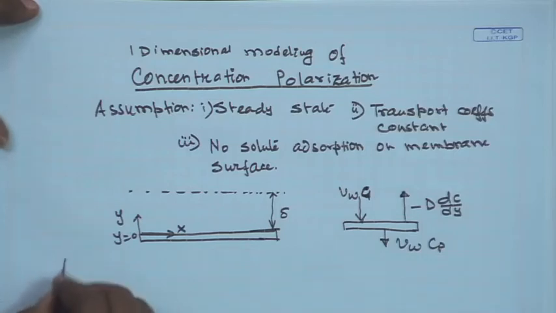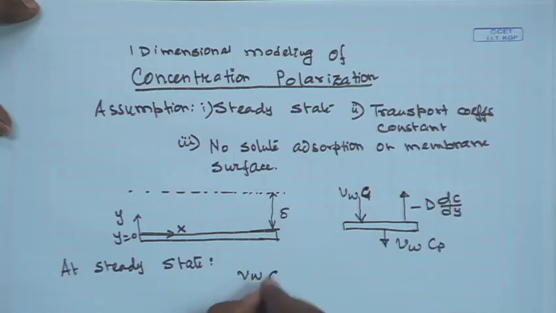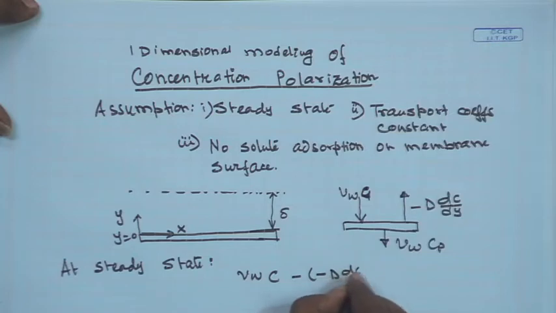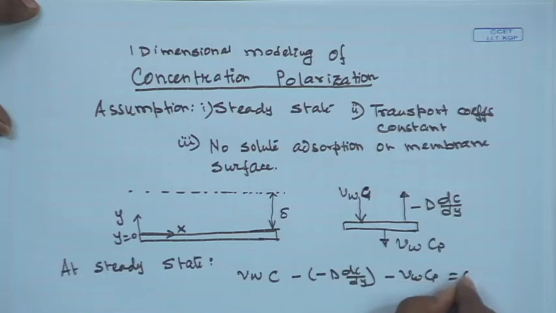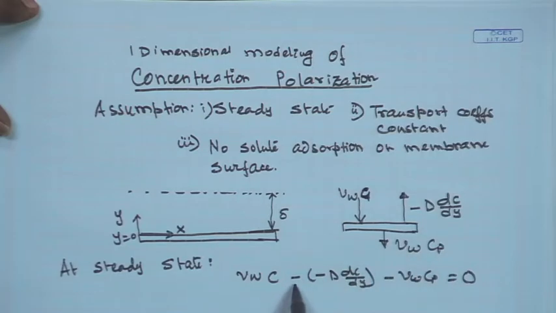So, at the steady state, the summation of all three fluxes will be equal to 0. So, VWC minus of minus D dC dy minus VWCP is equal to 0. VWC is towards the membrane surface, VWCP is away from the membrane surface, therefore there is a minus sign here, and minus D dC dy is the diffusive flux away from the membrane surface, so there is a minus sign here.